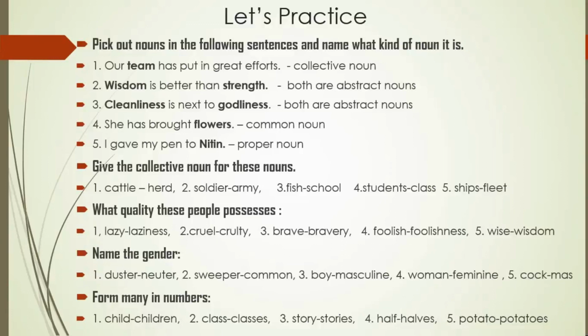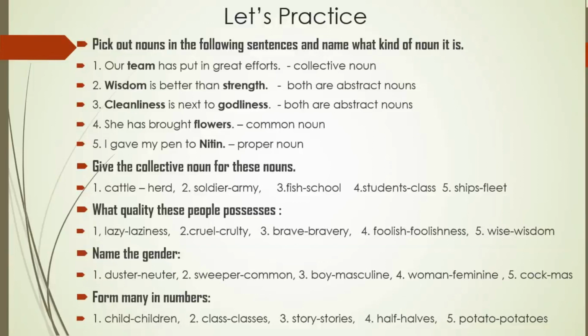What kind of quality is it? Laziness. Cruel. He is a cruel man. What quality does he possess? He possesses the quality of cruelty. He is brave. What quality does he possess? He has bravery. Foolish. Don't be foolish. What is that? Foolishness.